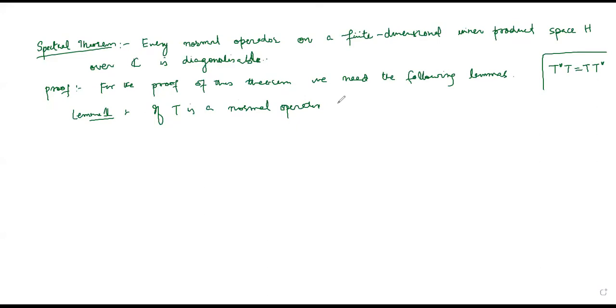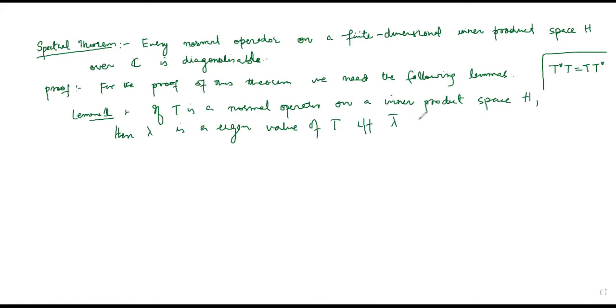Now if T is a normal operator on an inner product space H, then lambda is an eigenvalue of T if and only if lambda bar, means the complex conjugate of lambda, is the eigenvalue of the adjoint of T. Of course, with the same eigenvector.